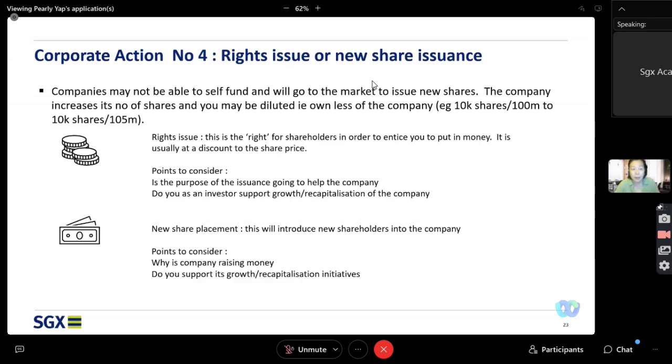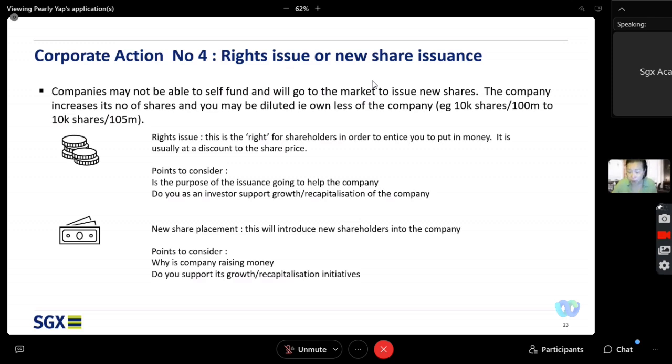Now, here I mentioned rights issue. Rights issue is the same. It is also new share issuance. But they use the term rights issue because the right to subscribe for the new shares is only for existing shareholders, but not public shareholders.